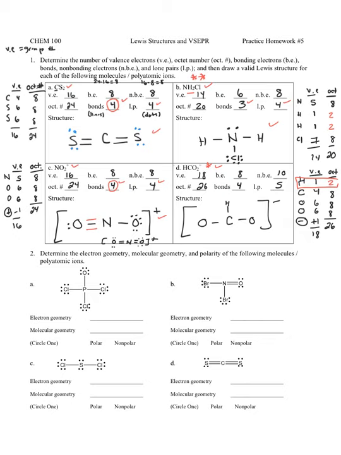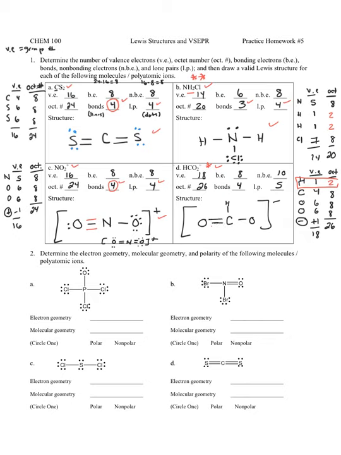Now, when it comes to bonds, I need a second bond. So I could put it here. I could put it here. I cannot put it here. No, no, no, no, no. Because again, hydrogen makes 1 bond and only 1 bond. So I'm going to put my double bond over here on the left.